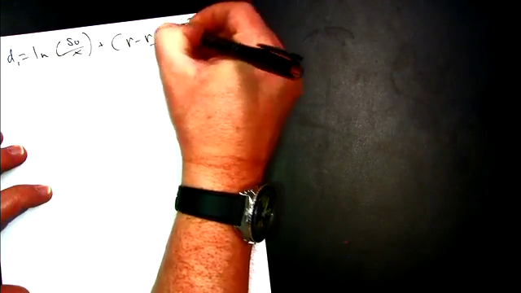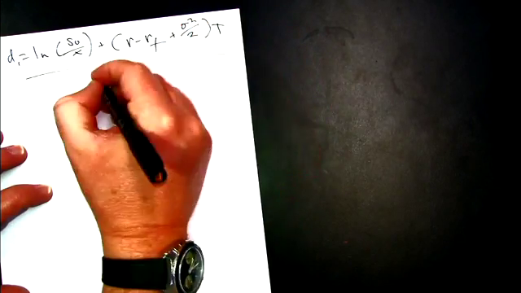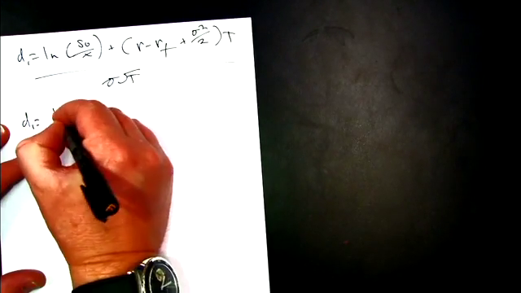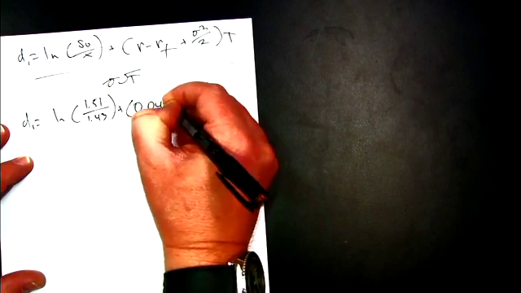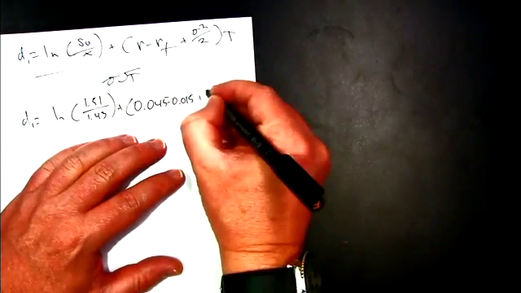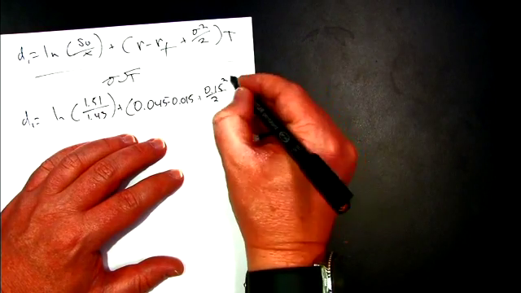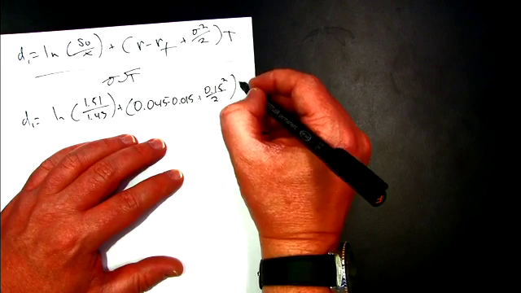So my D1 in this case is going to be equal to the natural log of the spot price divided by the exercise price plus the domestic risk-free minus the foreign risk-free plus volatility squared on 2 times T, divided by volatility times the square root of T. So in this case, D1 is equal to the natural log of 1.51 divided by 1.43 plus domestic risk-free of 4.5% minus Eurozone risk-free of 1.5% plus volatility of 15% squared on 2, and the life of the option was 13 months.